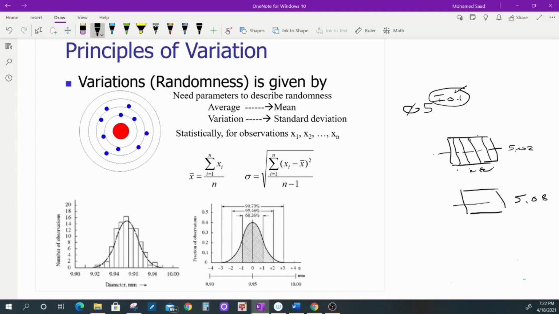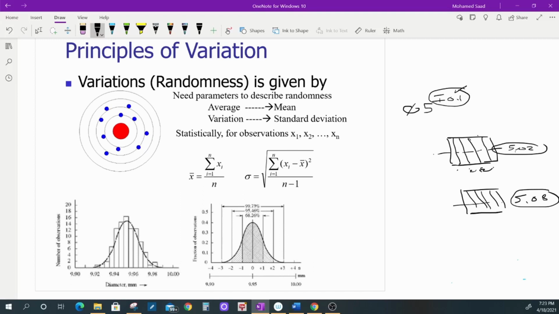If you measure many sections and get the average, you will find, surprisingly, that the diameter is different from the other one. So because we know there are many sources of variation in the manufacturing process, we expect some variation to happen, and this is very well known.